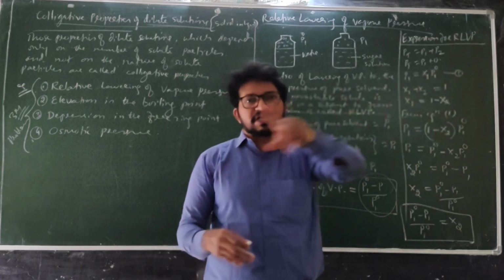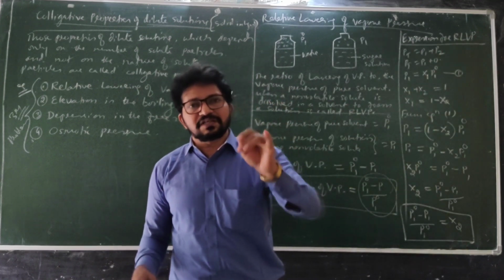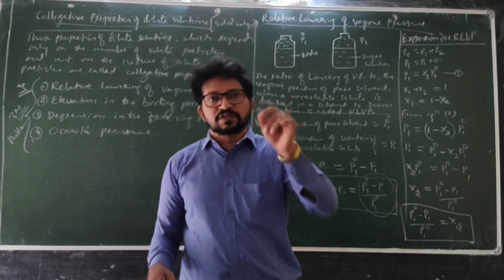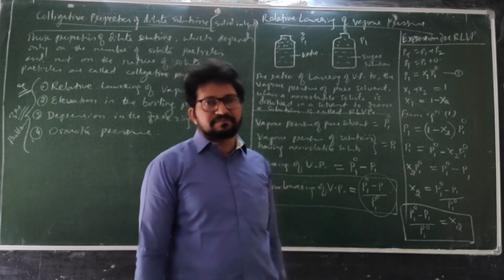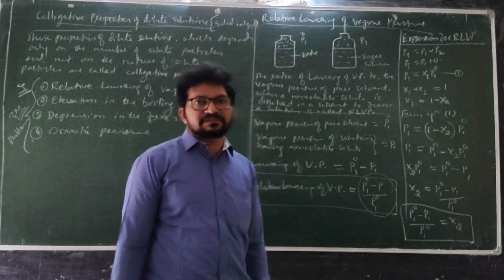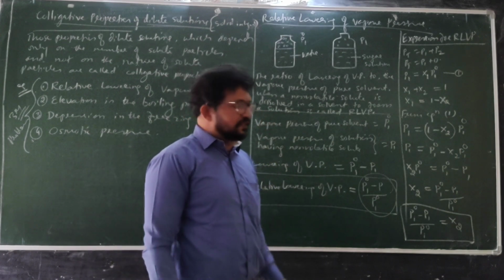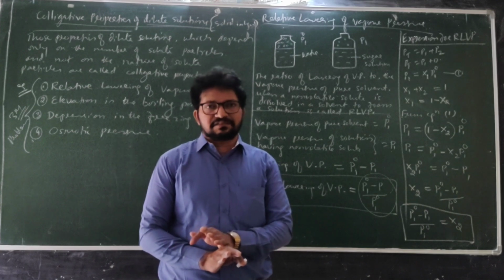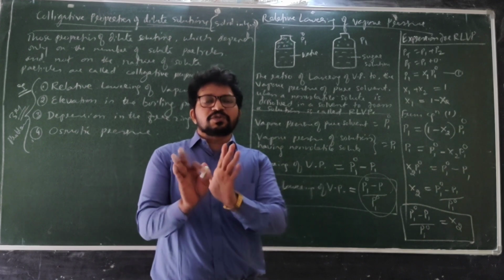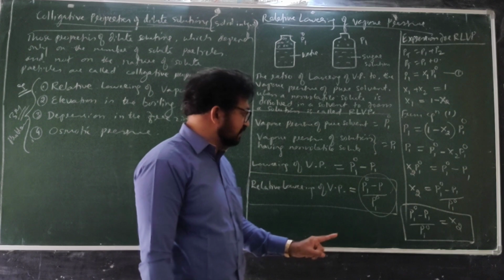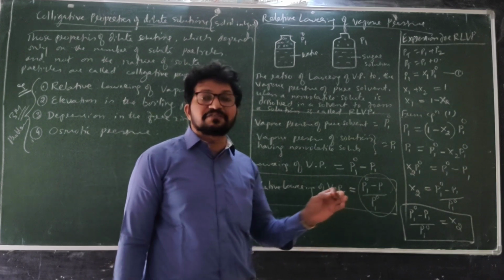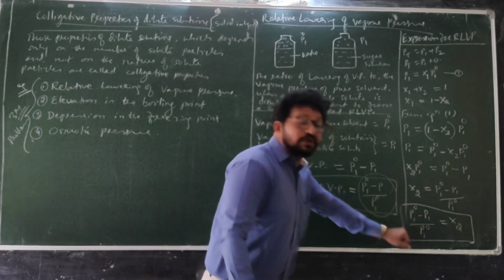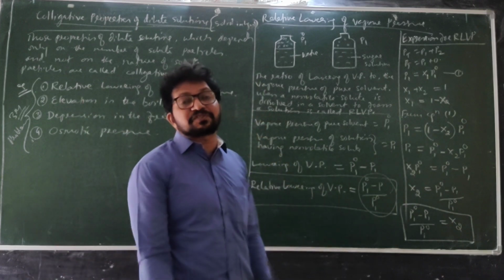Number of moles of sugar divided by the total number of moles of sugar and water. Is it correct? You have not done anything, you know only the mole fraction of sugar. But this is the beauty of Raoult's law. It is equal to the relative lowering of vapor pressure.